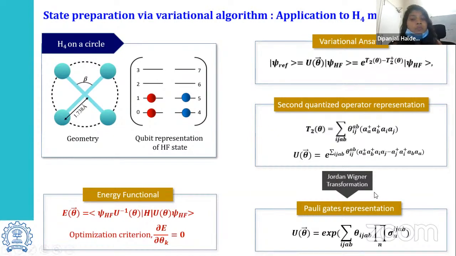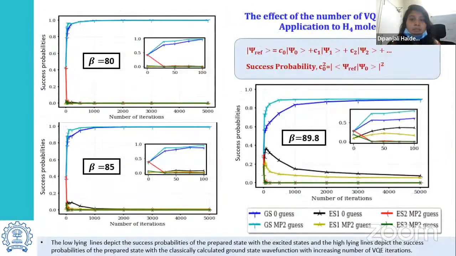And through various mapping schemes like Jordan-Wigner transformation or Bravyi-Kitaev transformation, we map the operator in the second quantized form into a series of Pauli gates or unitary gates to get the multi-determinantal state for our phase estimation technique.